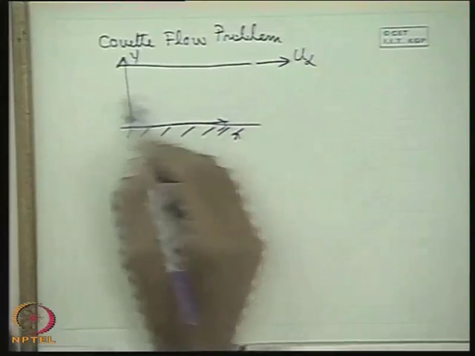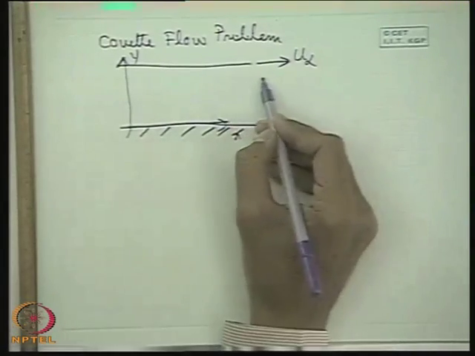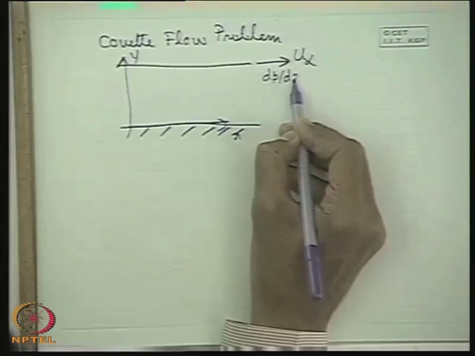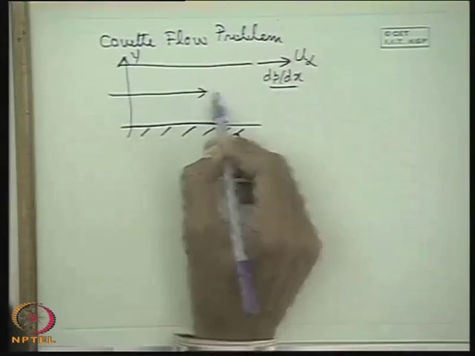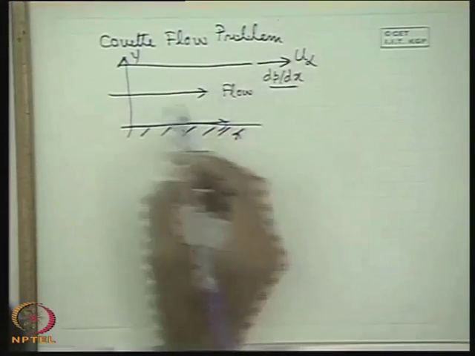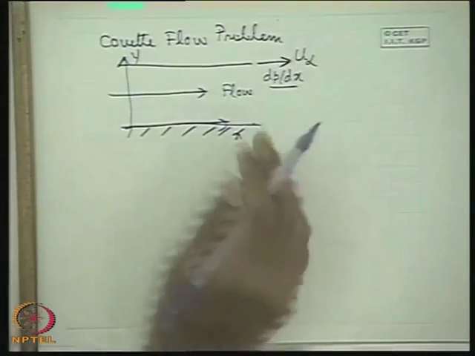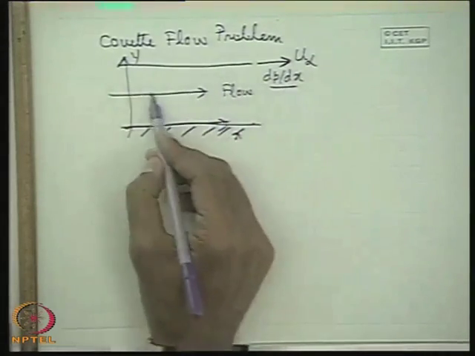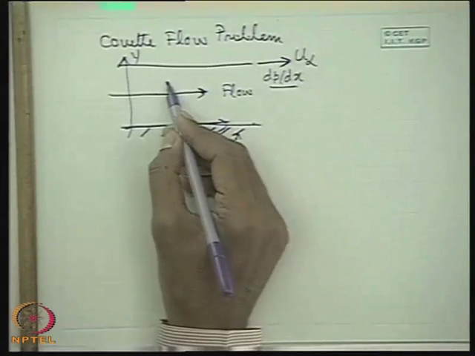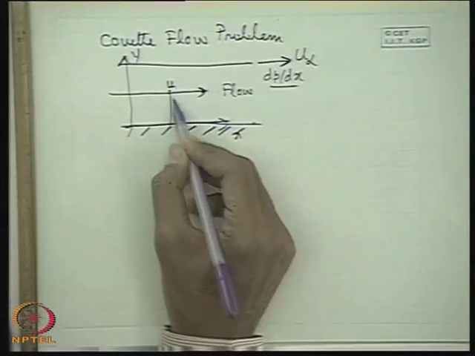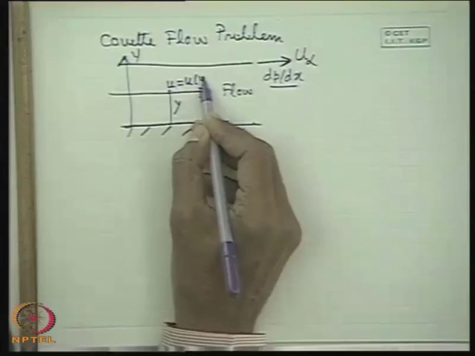And this is also a problem where a pressure gradient dp dx is imposed. So if I define a Couette flow problem like that, one plate is moving with u infinity velocity, another plate is at rest, and there is a dp dx pressure gradient which causes the flow. So you find u at any location y, that means u as a function of y.